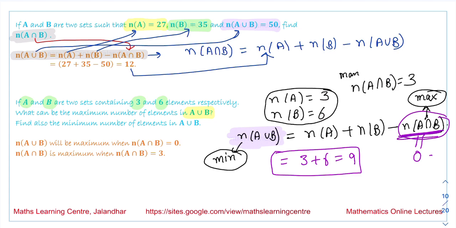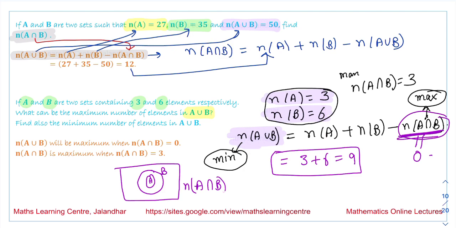Why? We are saying that A is a subset of B. The maximum elements will be there when all the elements of A are elements of B. Then the number of elements in A intersection B will be equal to 3.